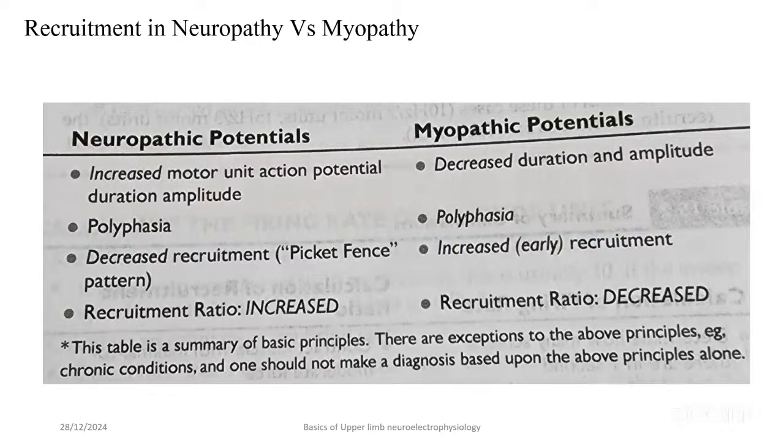Any questions? Insertional activity, spontaneous activity, MUP analysis, recruitment, we have seen. We also revised some of the queries that may come in the EMG nerve conduction studies. So keep reading and we'll meet again next week.